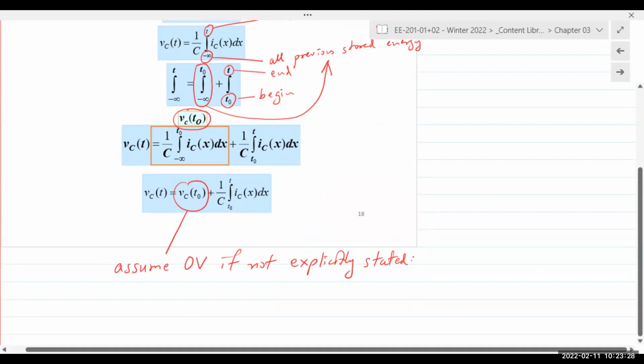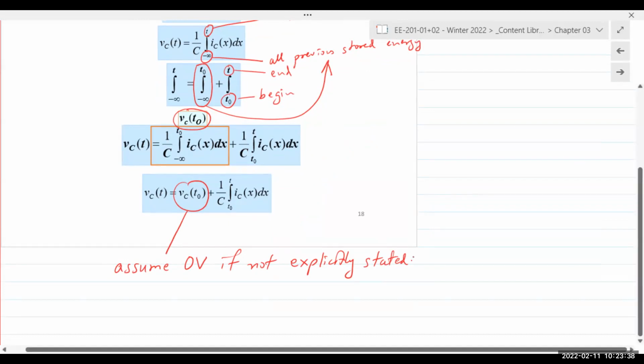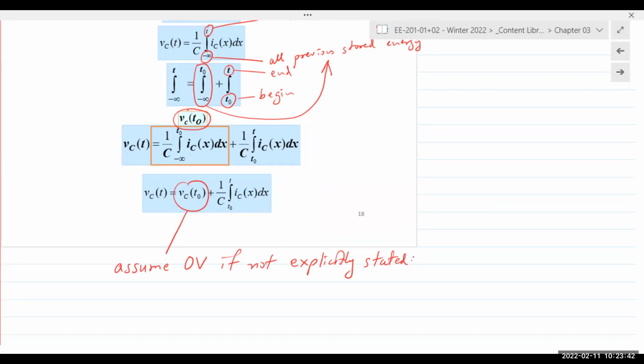Often it will simply state the capacitor has 2 volts across it. Now we apply a current or a voltage, calculate such and such quantity. And so if it states it already has some voltage, then you simply add it as part of your equation or your solution. Otherwise, you can safely assume it to be 0. So in most problems, we can safely ignore that quantity. So minus infinity to T0, meaning I'm beginning my analysis at this point. Everything else that was there before is basically just 0. I'm not concerned with that.